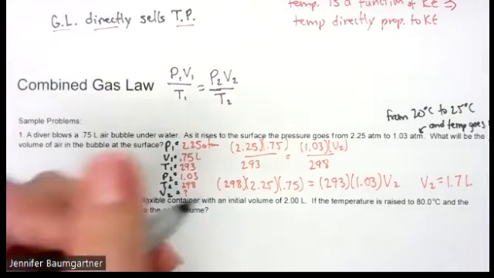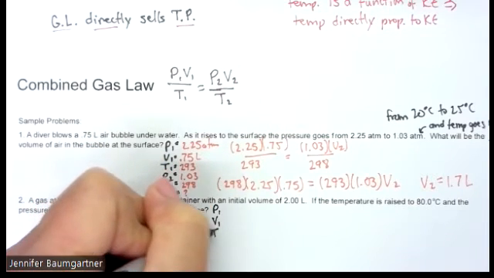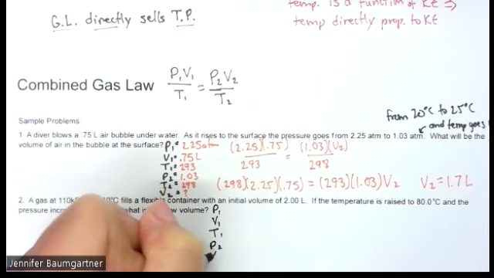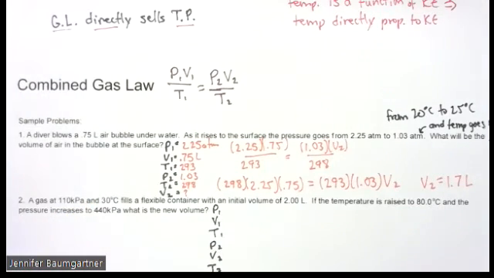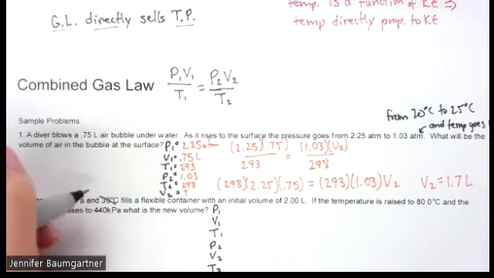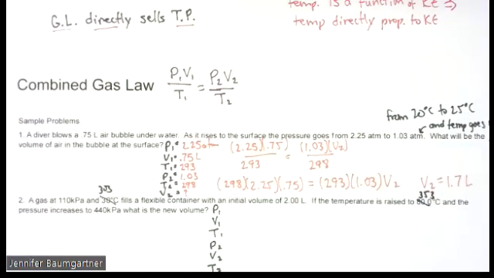Okay, let's see how you did. So again, we've got our P1, V1, T1, P2, V2, T2. And when I convert these, my 30 degrees is 303 and my 80 is 353. So now this time my pressure's in kilopascals, and that's okay.